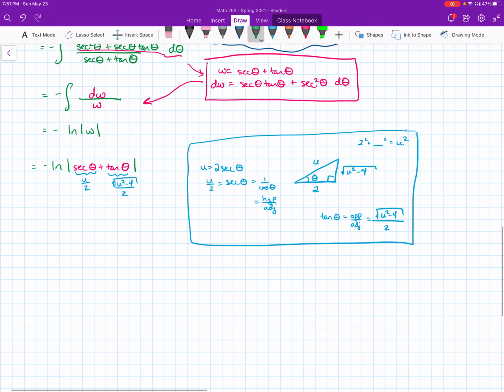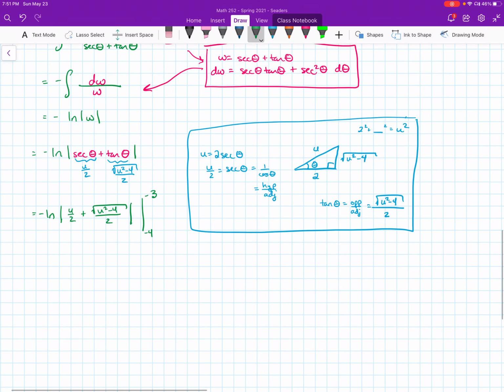And now I'm finally ready to evaluate this antiderivative at my limits for u. So when we changed our limits for u, they went from -4 to -3. So I'm going to use the fundamental theorem of calculus, and let's see.